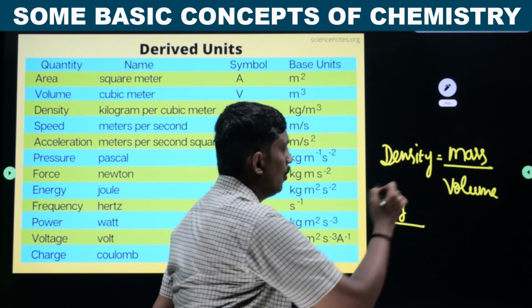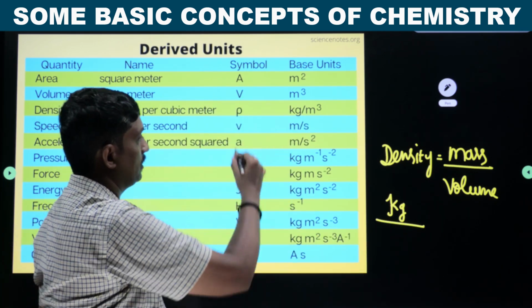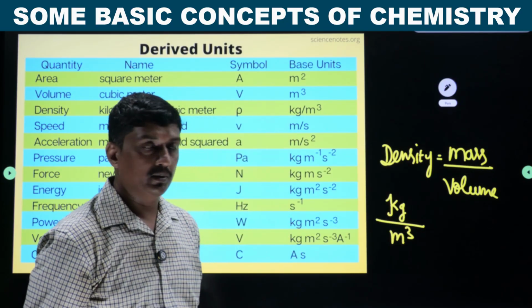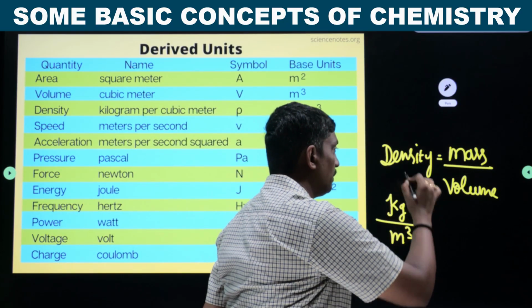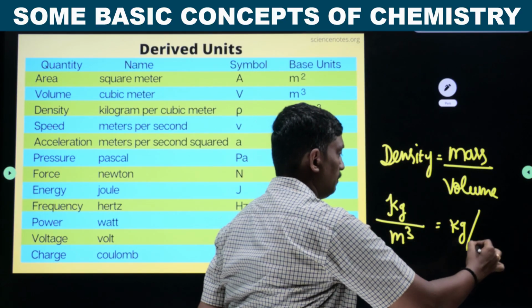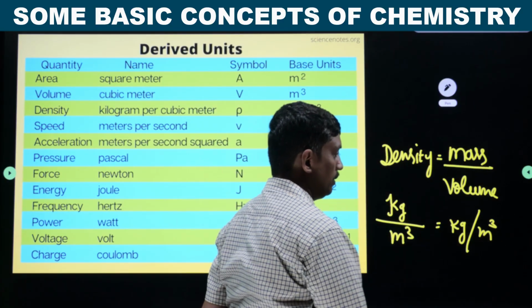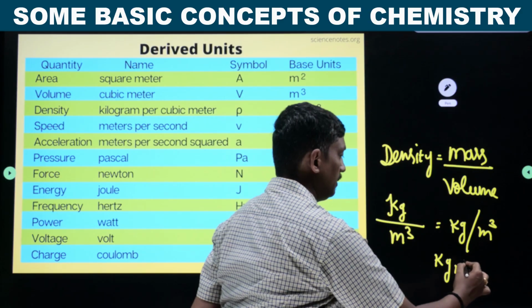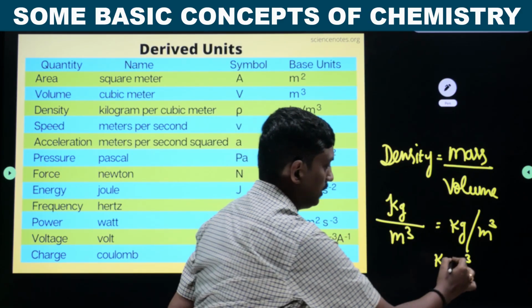Volume, as already discussed, is meter cube. Now, what should be the unit for density? It is kg per meter cube, kg m minus 3.